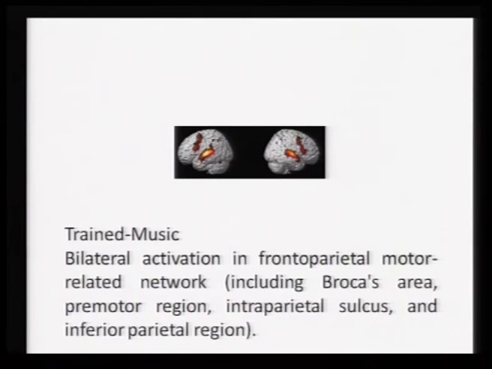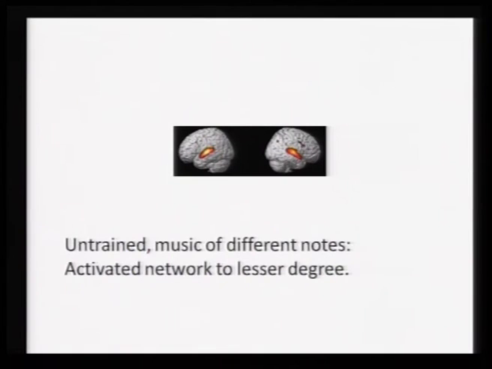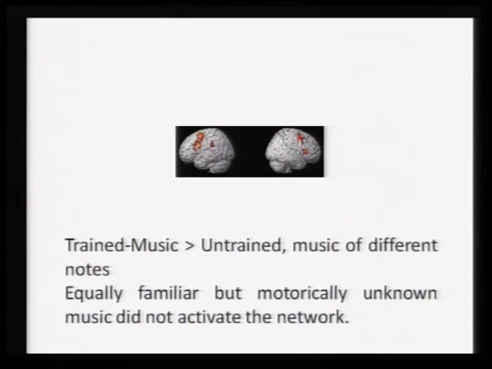You look at the same brain records where music of different notes is played, and you see activation, but of a lesser magnitude. And in the third condition, with the untrained music with different notes, equally familiar but motorically unknown music did not activate the network.